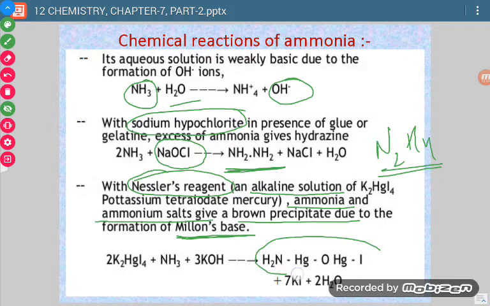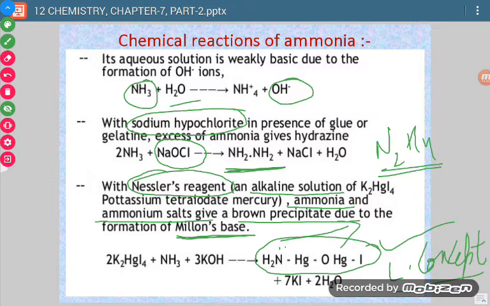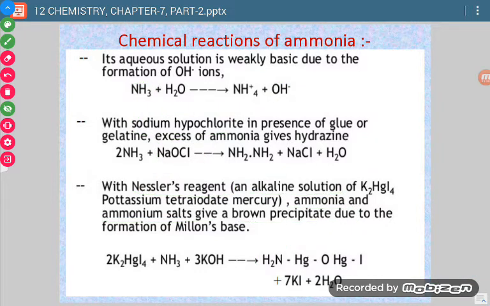So this is a Millon's base. Okay. Now see again, what is Millon's base? Here it means this is a basic molecule. Why is it basic? It is basic on the basis of Lewis concept. Okay, on the basis of Lewis concept, it is basic in nature. Okay. So there is lone pair with nitrogen which it can donate, so it will act as a base. So it is called a base.